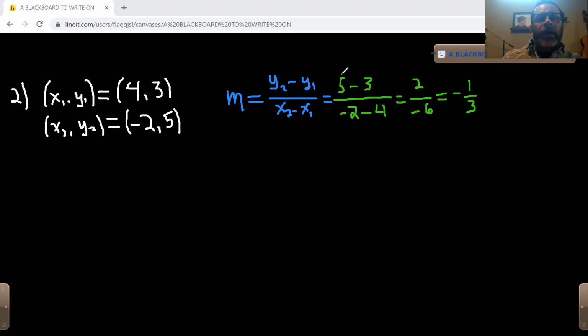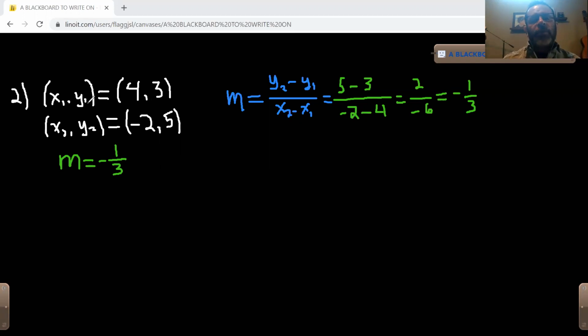Now we've got another data point here, which is the slope. So now we know that m equals minus 1/3, and we can find the mathematical expression using the slope and using any of these 2 points. We can use any one of them. It doesn't matter.